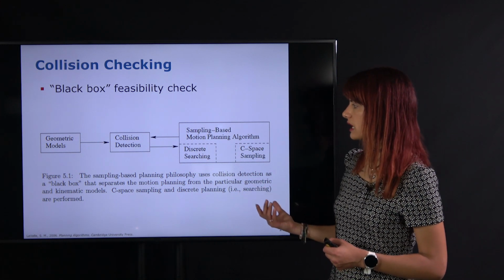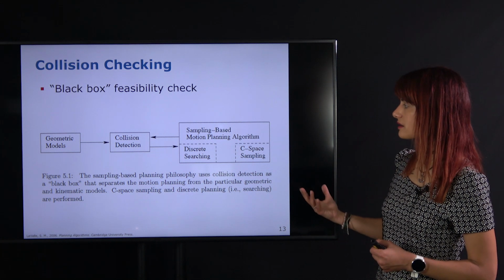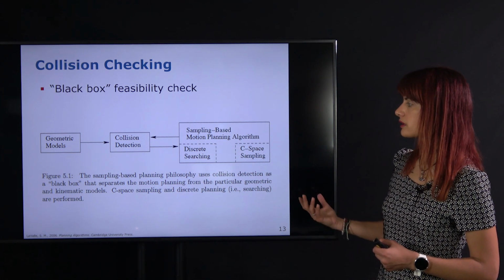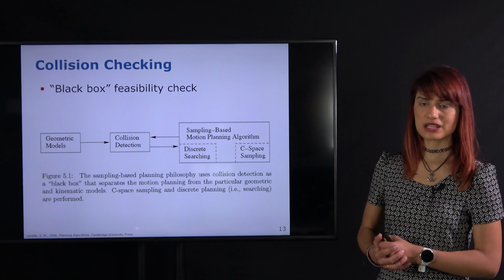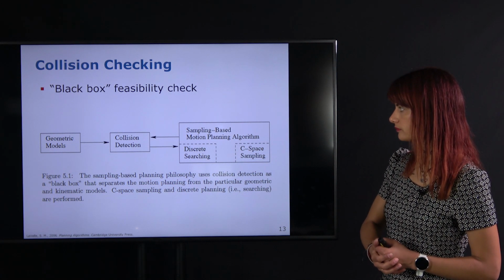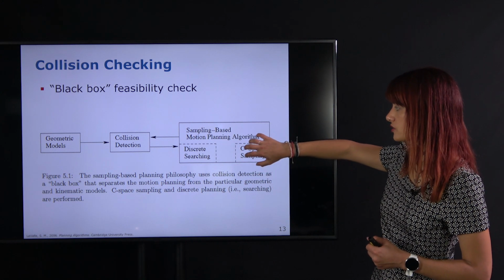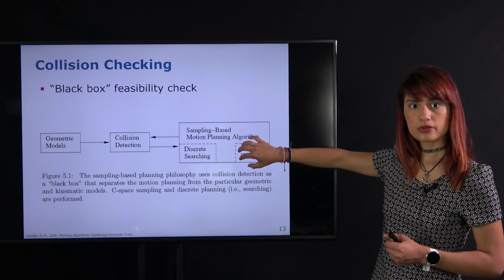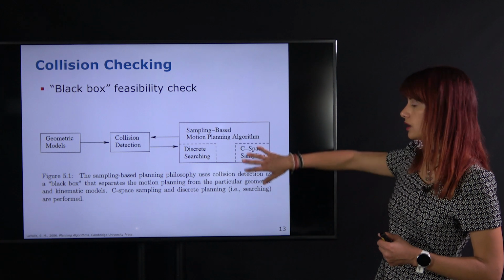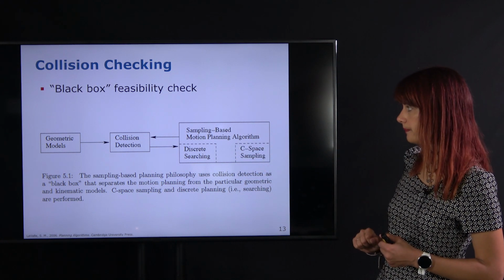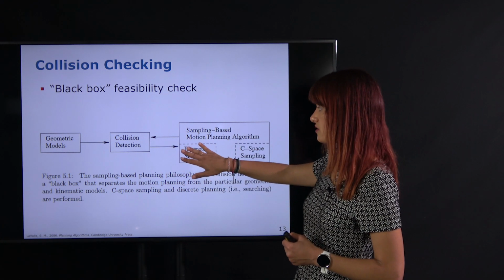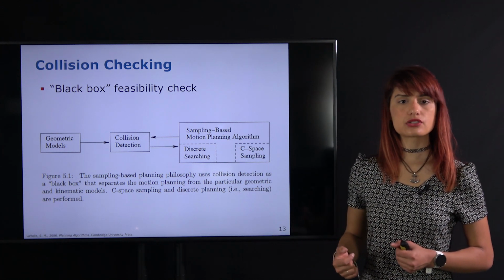So over here we have a system diagram showing the paradigm of sampling-based strategies. And so over here in our algorithm, we have a module which effectively samples the configuration space, which we just discussed. And we also have another module that executes the actual search.